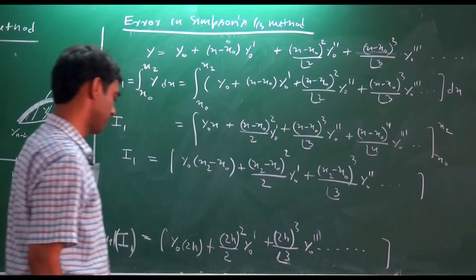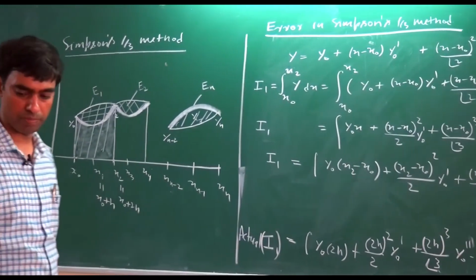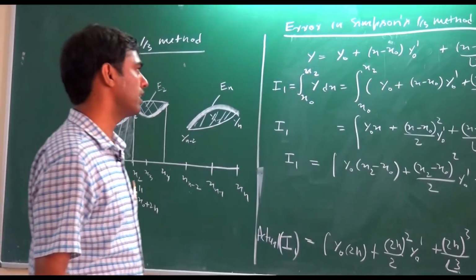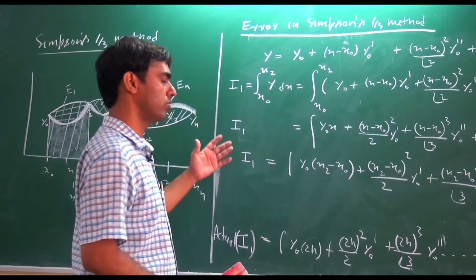This is the actual value from x0 to x2. Now we find the approximate value, which we obtain with the help of Simpson's 1/3 rule.